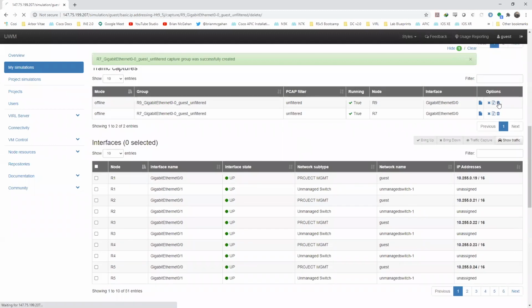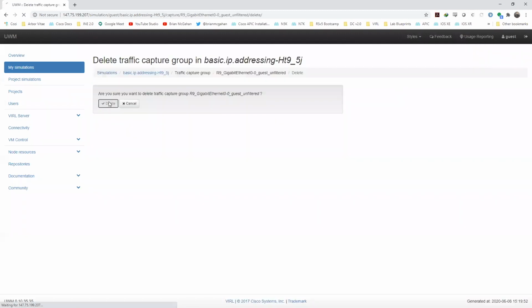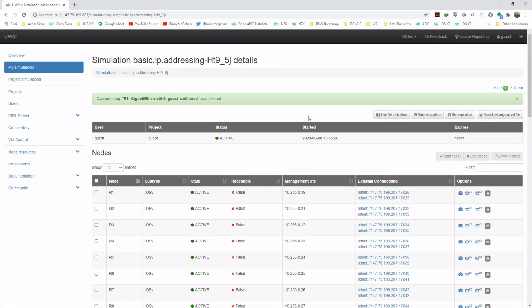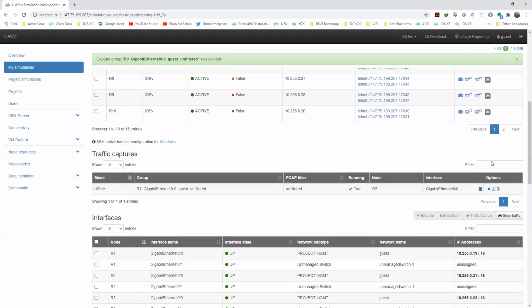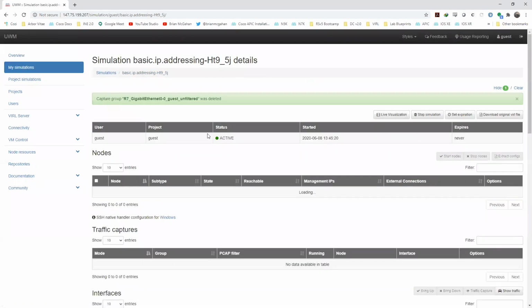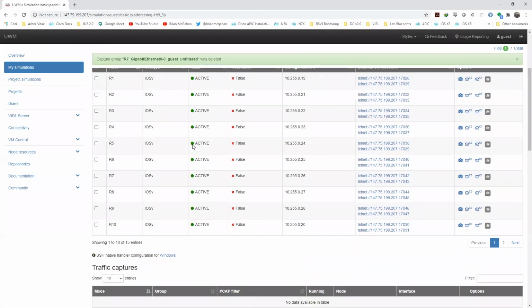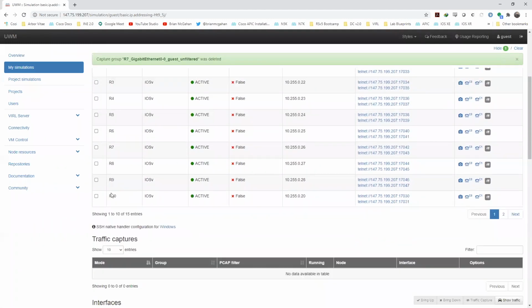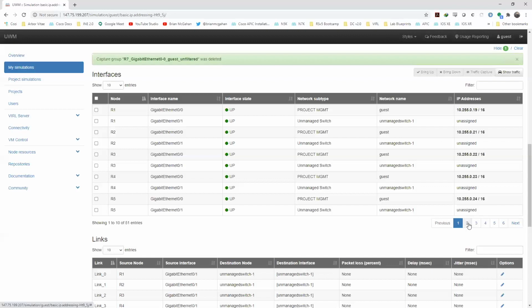So let me trash these two captures. And let's go to router 9, gig 0/1. Okay, and router 7, gig 0/1.